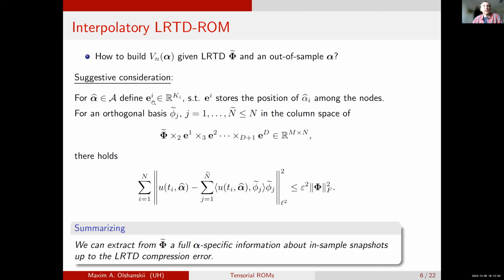So all e_i are vectors of all zeros and one in a particular position. Then if we take a convolution of our tensor, maybe our tensor in the low rank format, with these vectors along the parameter direction, as an output, we have an m by n matrix, where m is the space dimension and n is the time dimension.